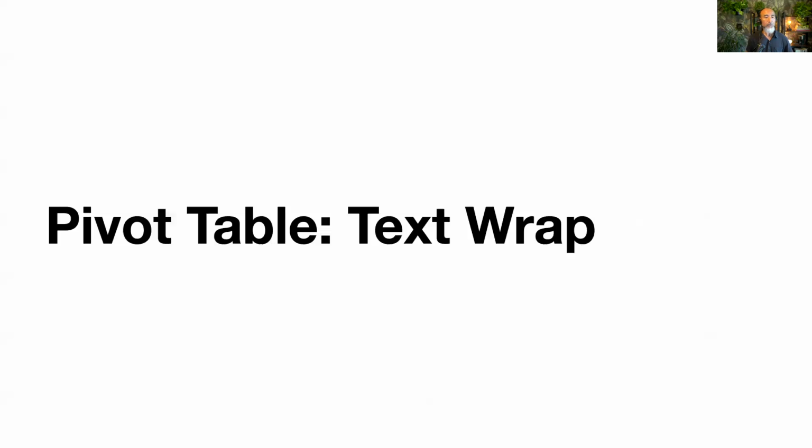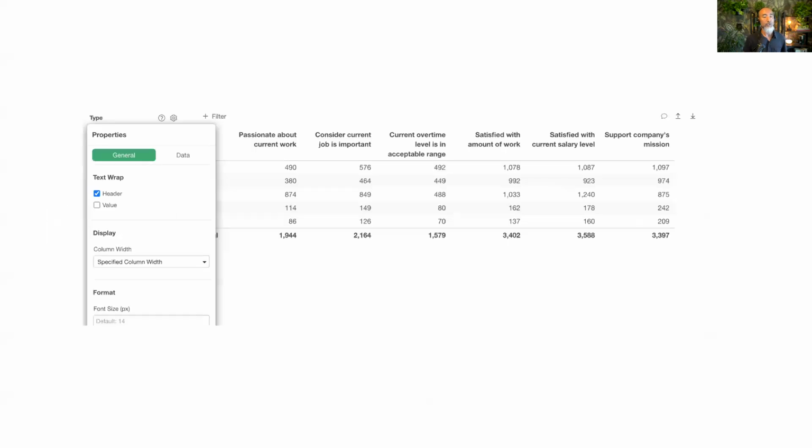So another thing, if you happen to be using a pivot table, here's the good news. Not just the pivot table, there's also the summarize table and the regular table as well. We finally support text wrap. So when you have long column header text, you can now choose to wrap the text. The default is now text wrap.